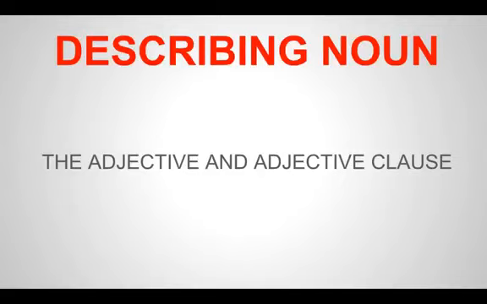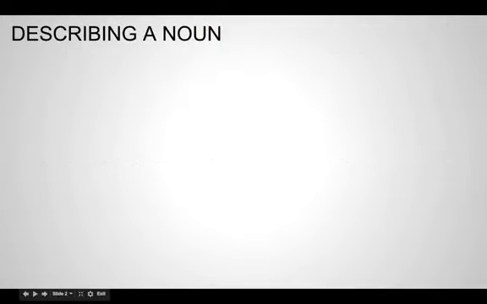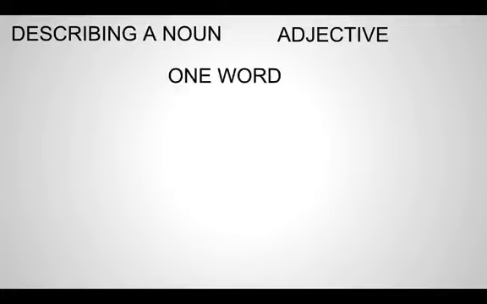We'll be learning describing a noun, and what we use to describe the noun is the adjective and the adjective clause, and we'll learn in detail what this means. When we want to describe a noun, we use an adjective. Normally this adjective is one word.